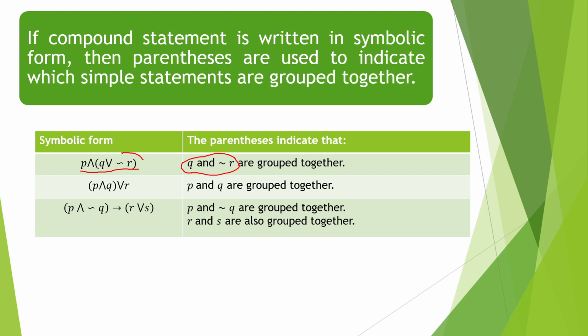In the second symbolic form, P and Q are grouped together because they are put into a parenthesis. In the third one, P and not Q are grouped together. And R and S are grouped together.